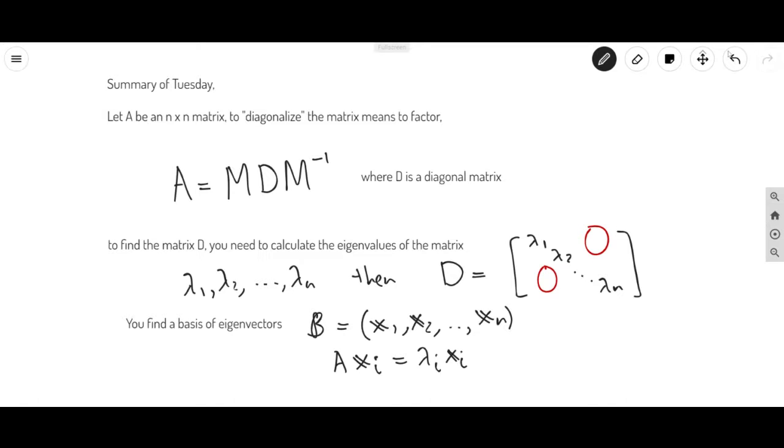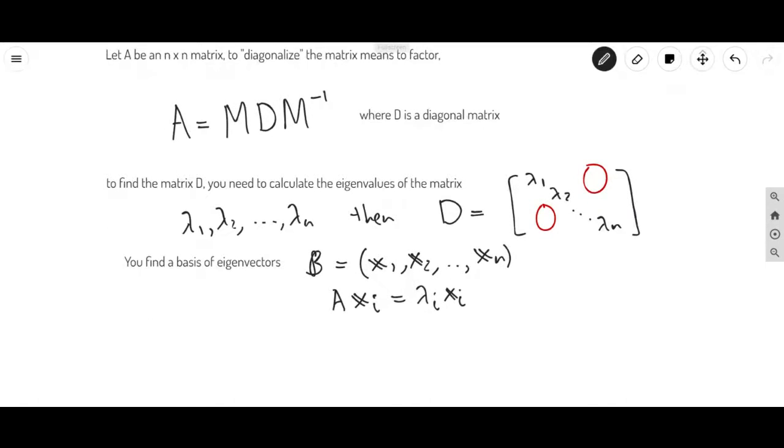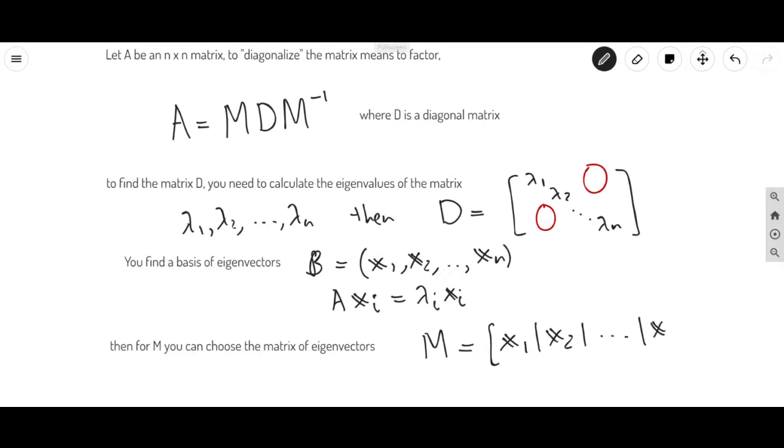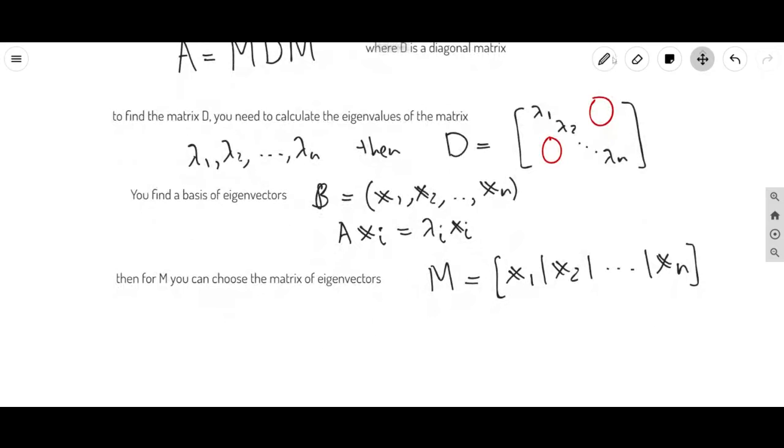And then the way you find M is, for M, you can choose the matrix of eigenvectors. So you would just take your vectors and you would arrange them into a matrix like so, as columns, because that's usually how we think of vectors. We think of them as columns if we want to think of it as a matrix. And then that would do it for you.